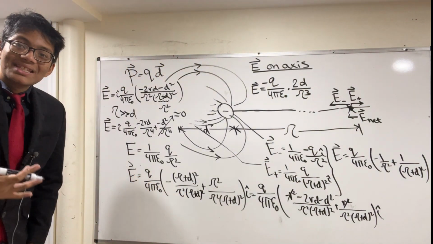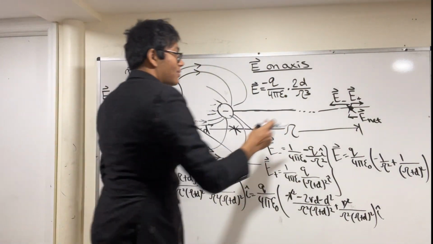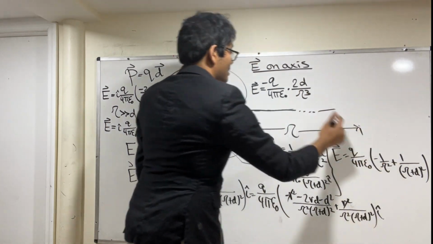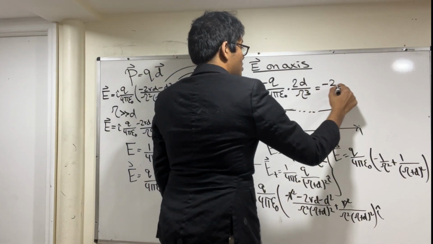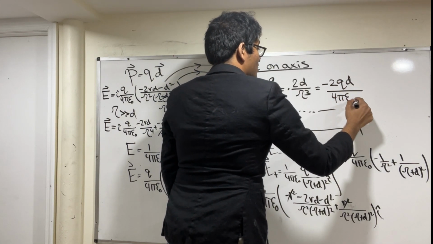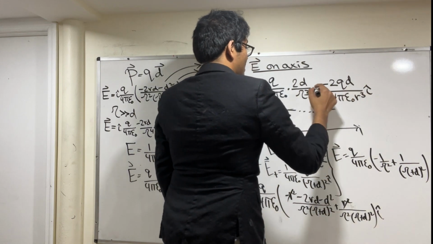Wow, so we see a lot of things popping up here. But before I explain them, let me write out the answer a little more nicely. I'm going to have minus 2qd over 4 pi epsilon naught r cubed in the i hat direction.